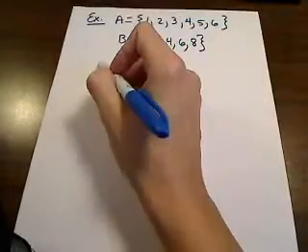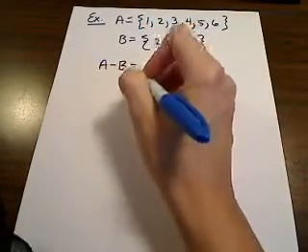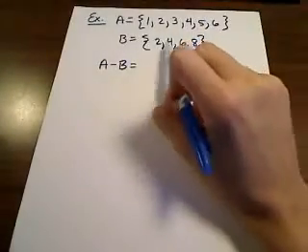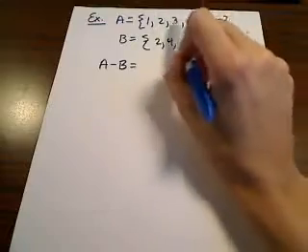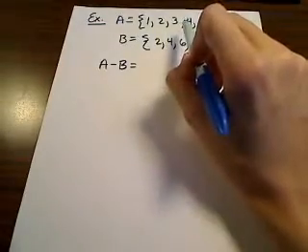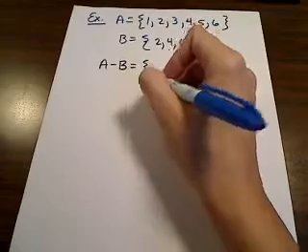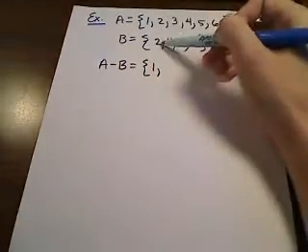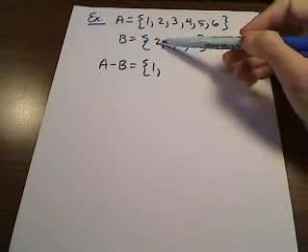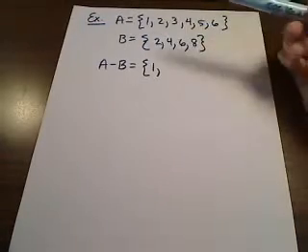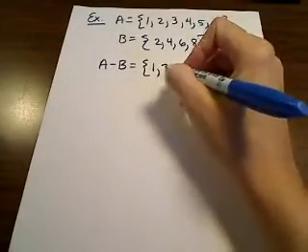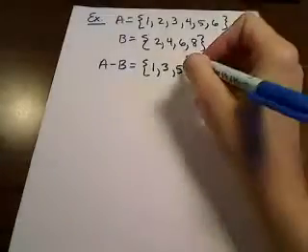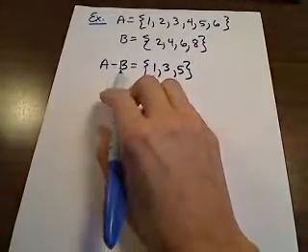All right, so let's go ahead and calculate A minus B. So what I'm doing with A minus B is I'm just looking at the two and I'm saying, whatever elements that are in B that A also shares, I'm going to take them out of A, and that's going to be the difference here. So this would be the set, it would include 1. I would take away 2 because 2 belongs in B, right? So I'm trying to not have elements in B in this new set. And then I would have 3 and I would have 5. Now I don't include the 8 because that's a part of B and I'm looking at taking away B.